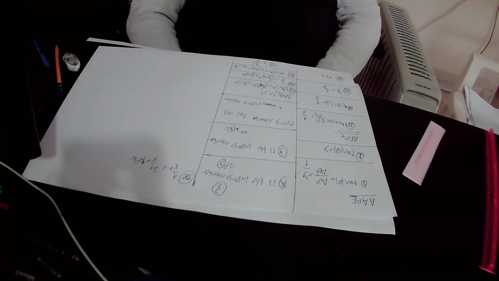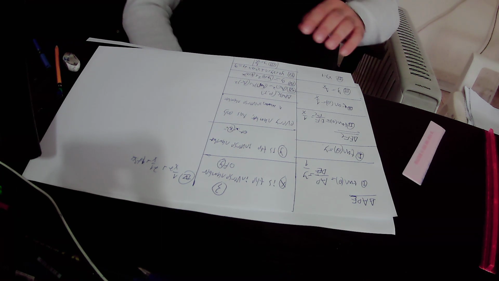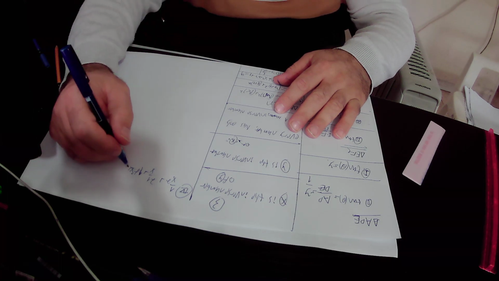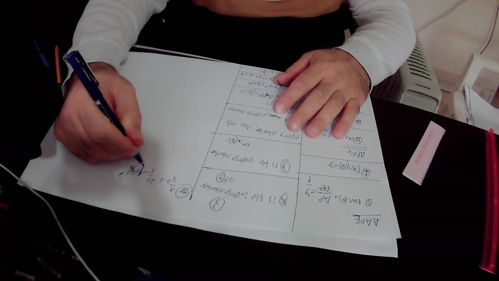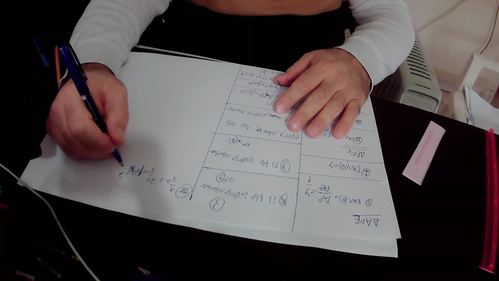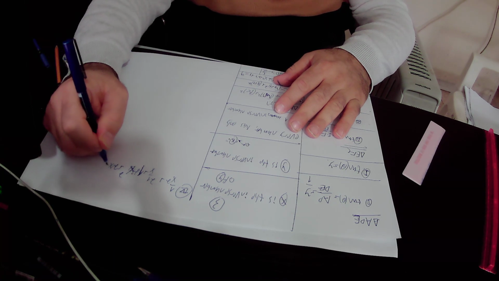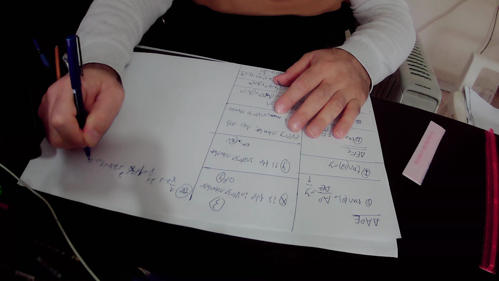Again, y squared is 1 over x squared, plus 2y is 2 over x, plus 1, plus x squared plus 2x plus 1 equals 9.